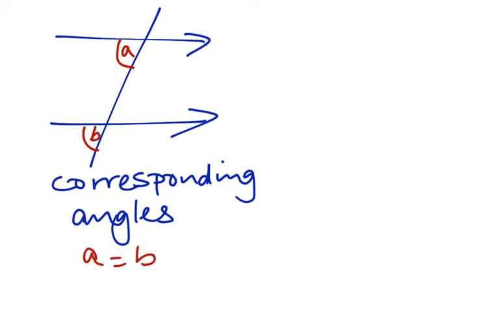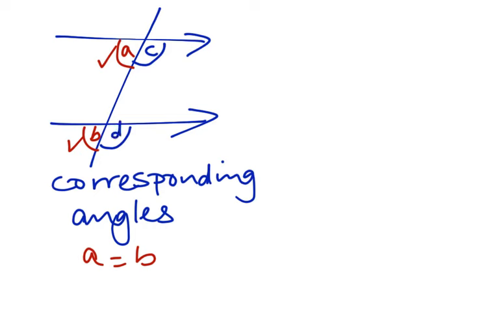When I say the same position, I mean if you look very carefully, this angle is at the bottom left hand side of the parallel line and transversal, and so is this one here. If I want to make another angle in a different position, I can also say that that's the same. For example, I could put an angle C here and an angle D here.